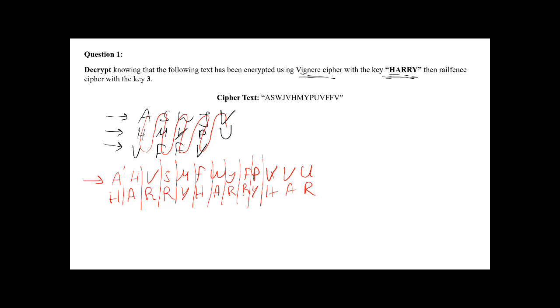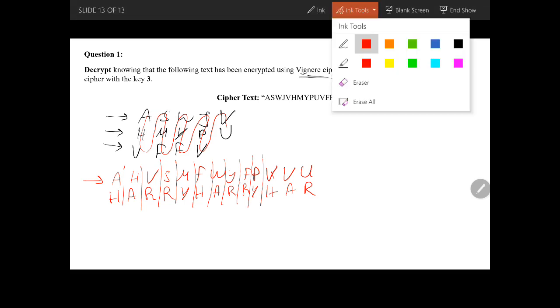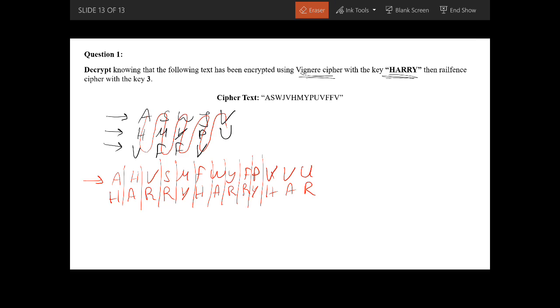So I guess I forgot something. Let me just double check. A, H, V, S, M, F, W, Y, F, J, P, V. Okay, I forgot something here. Let me correct it.